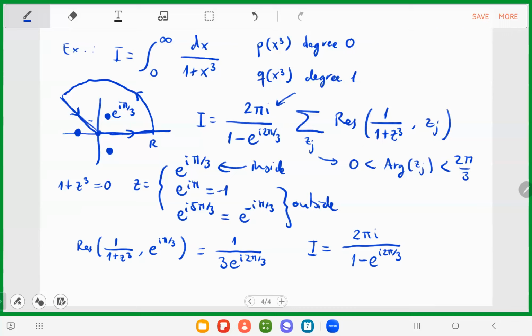And then the sum of the residues is just the one residue we just calculated, that is 3 e to the i 2 pi over 3. As I said, this is the result, but you should not give this as a result because it looks like a complex number and it's actually a real number if you simplify it correctly. Okay.